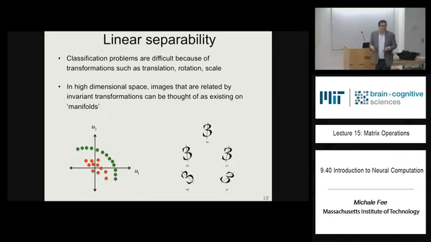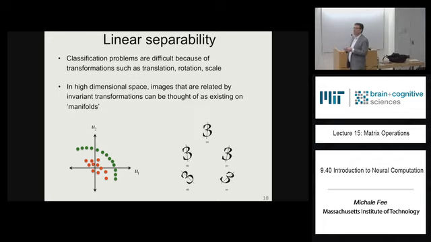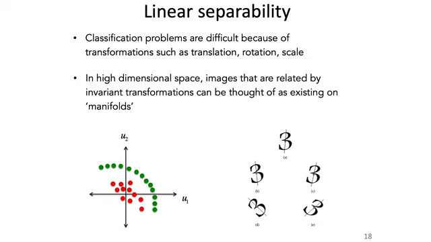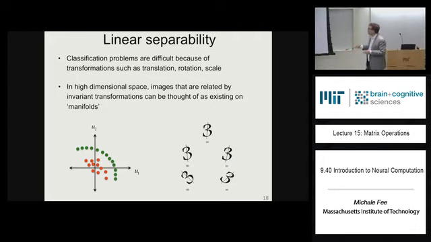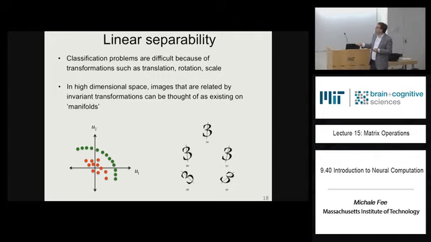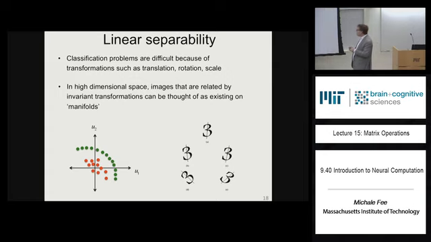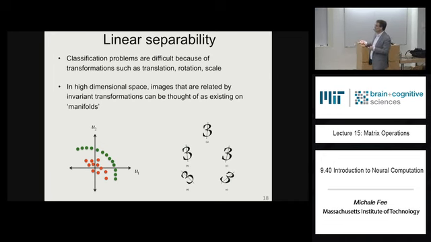Okay. So this problem of separability is extremely important in classifying inputs in general. So if you think about classifying an image, okay, like a number or a letter, you can see that in high-dimensional space, images that are all threes, let's say, are all very similar to each other, but they're actually not separable in this linear space.